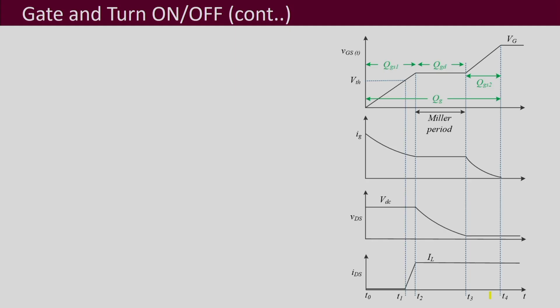So, let us write some equations related to these, which will help you in doing some very crude estimation of the requirements of your gate driver. Now, these equations, do not think that they are correct equations, they are linear approximations, and they only provide you crude estimates.